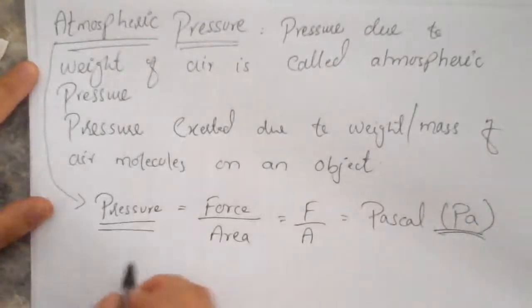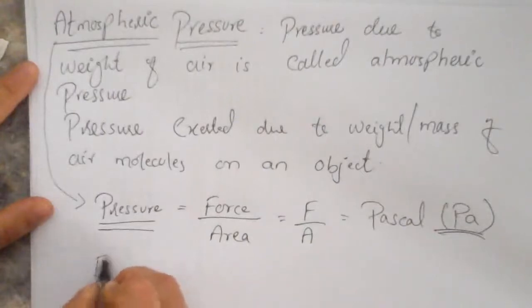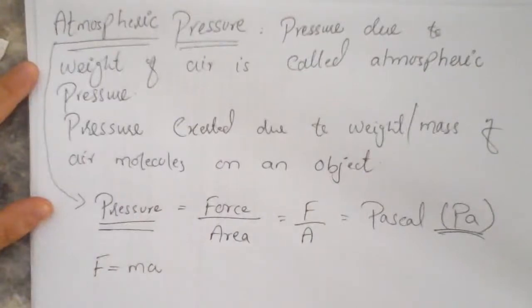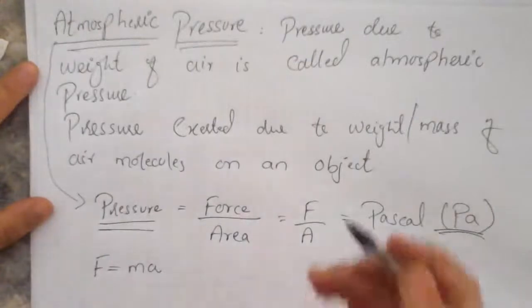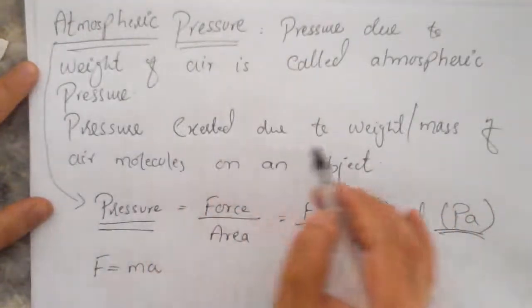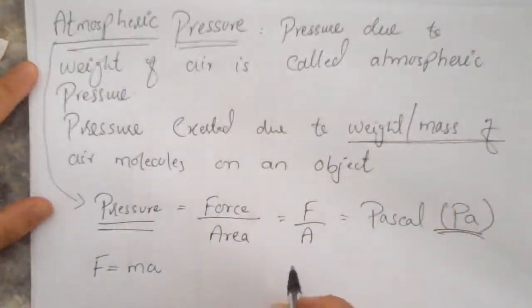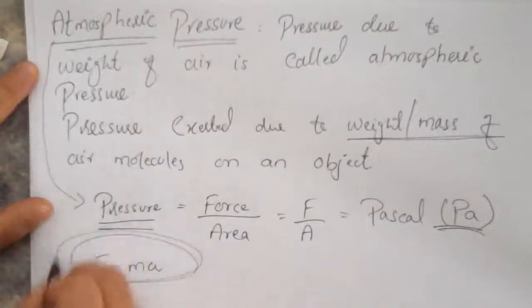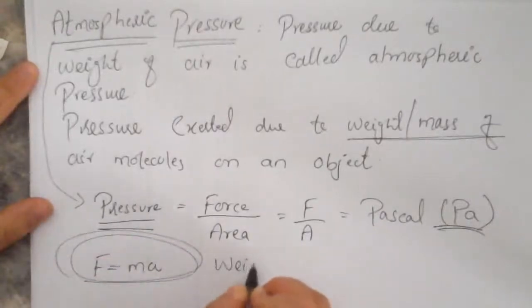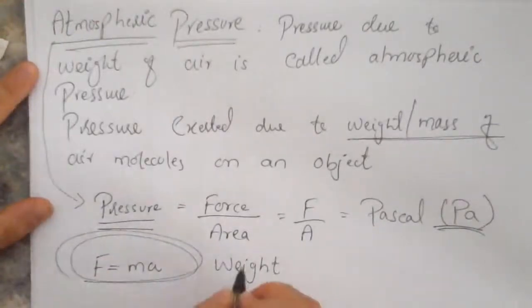So we know that the formula for force is equal to ma. So what is going to act over here? Force is due to weight. So here the force is the weight of the air molecules acting per unit area, the weight of the molecules acting on an object.